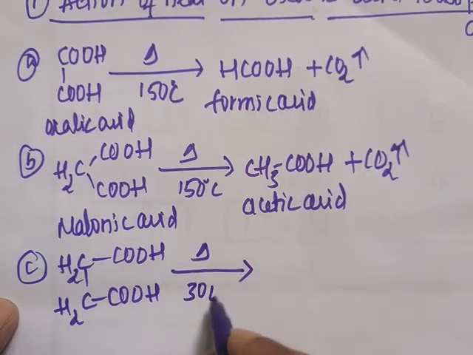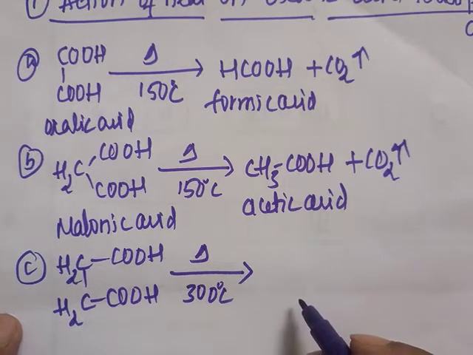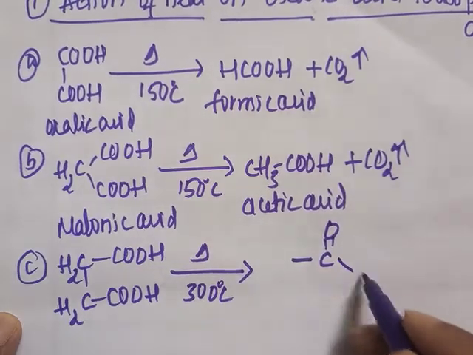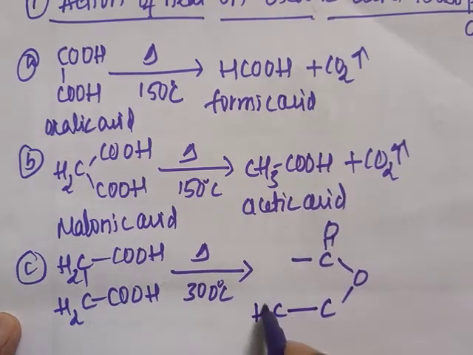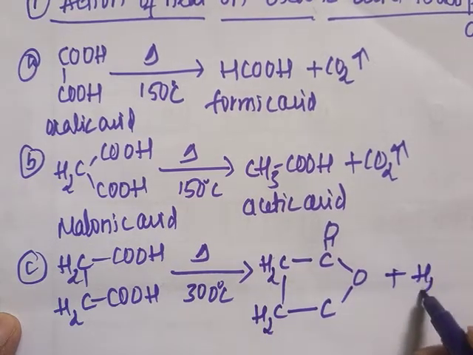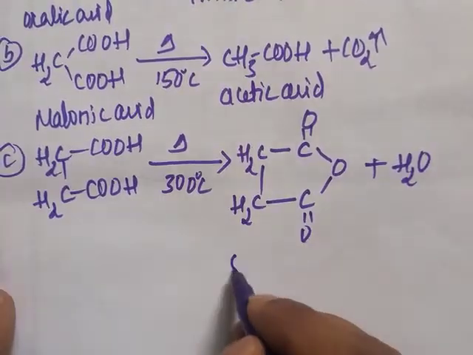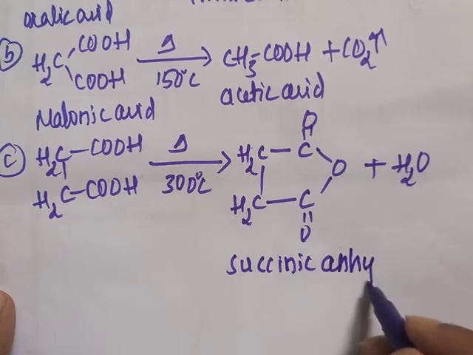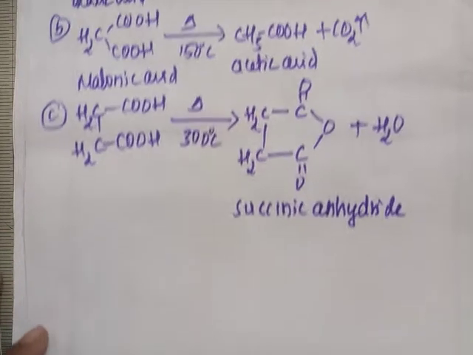When succinic acid is heated to 300 degrees Celsius, it forms an anhydride, that is succinic anhydride. So this is succinic anhydride.